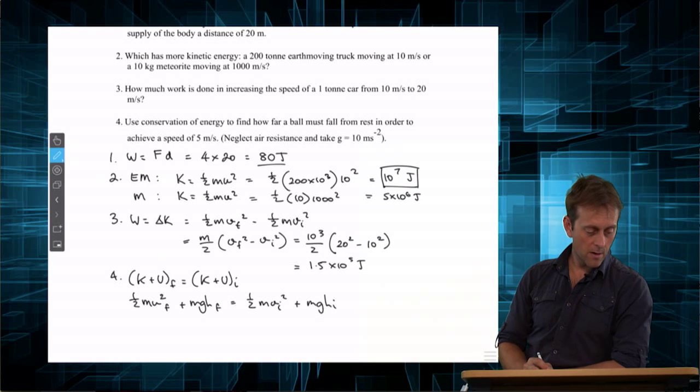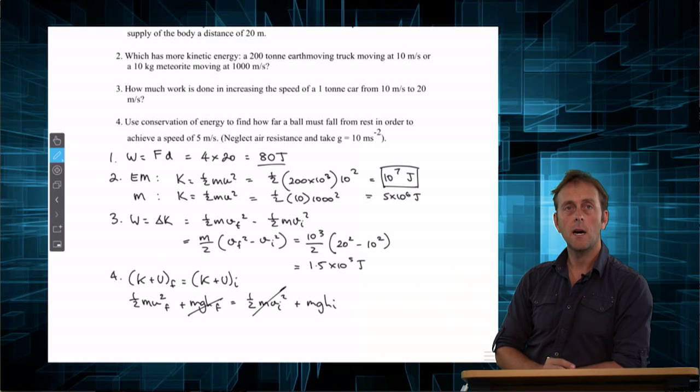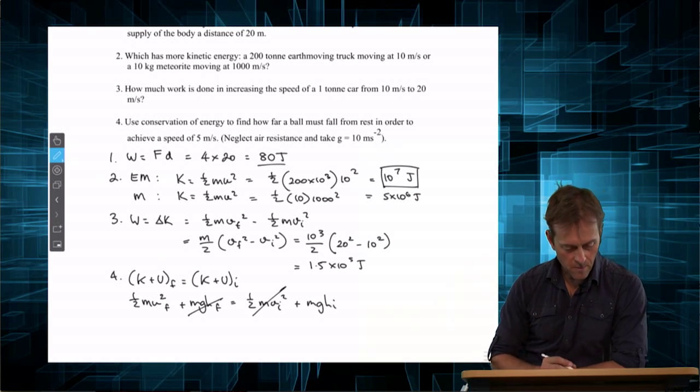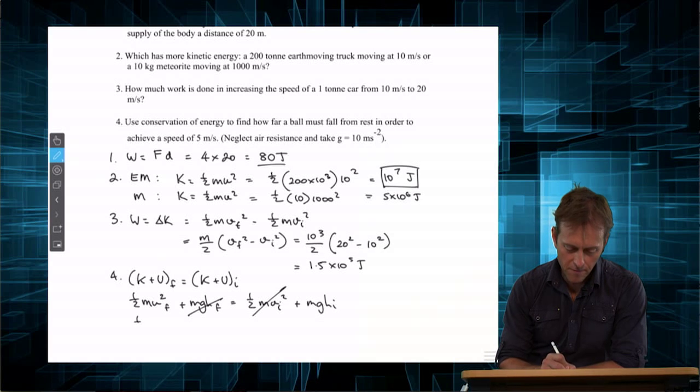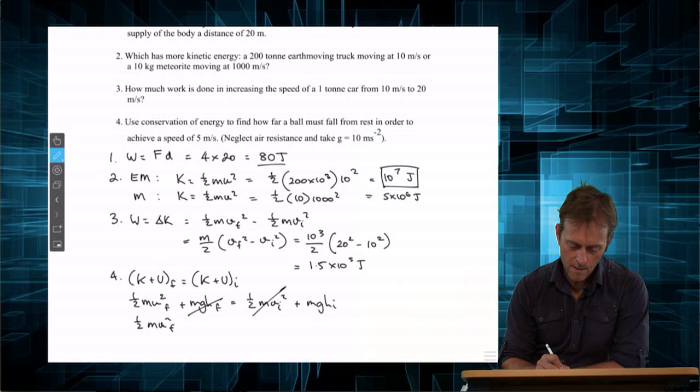As always, we're going to be able to cancel some things out here. Final potential energy disappears, as does the initial kinetic energy.